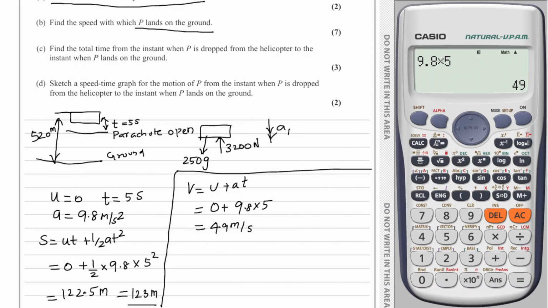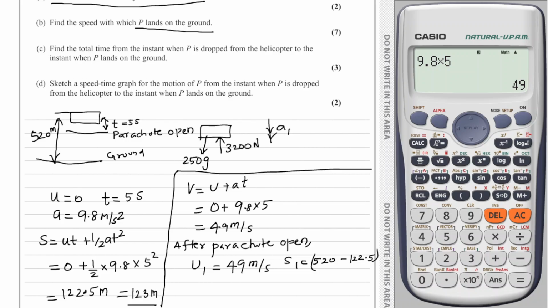Okay, so after the parachute opens, the initial velocity for the second condition I write as u1. So it is 49 meters per second, and then we know the distance it should cover, that is s1, is equal to 520 minus 122.5.